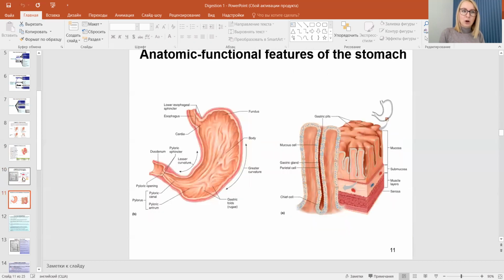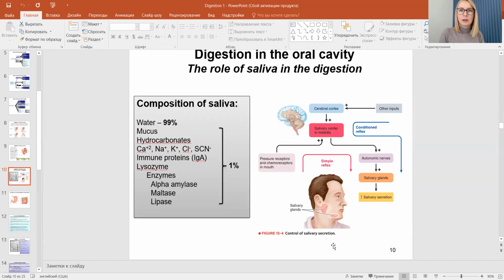So now let's talk about the control of salivary secretion. So there are simple and conditioned salivary reflexes. The simple salivary reflex occurs when chemoreceptors and pressure receptors within the oral cavity respond to the presence of the food.